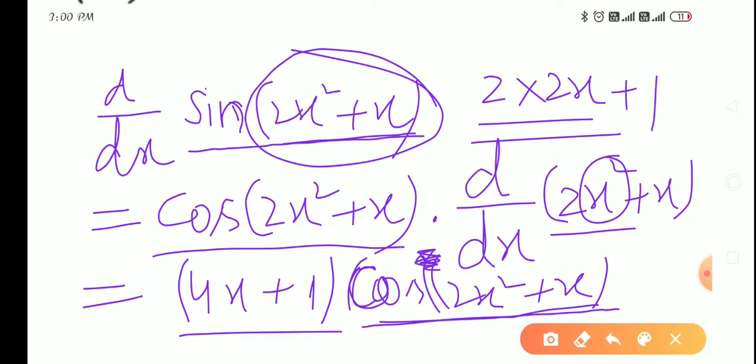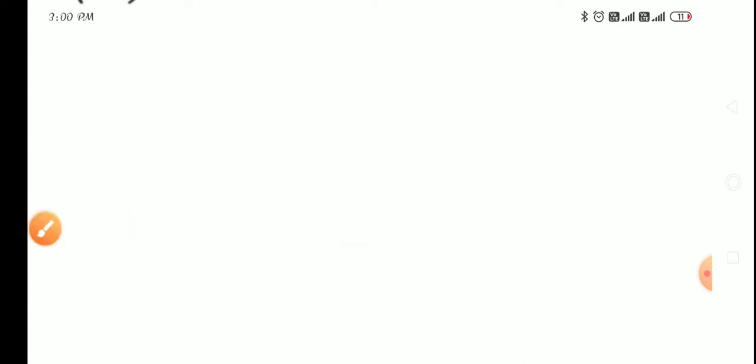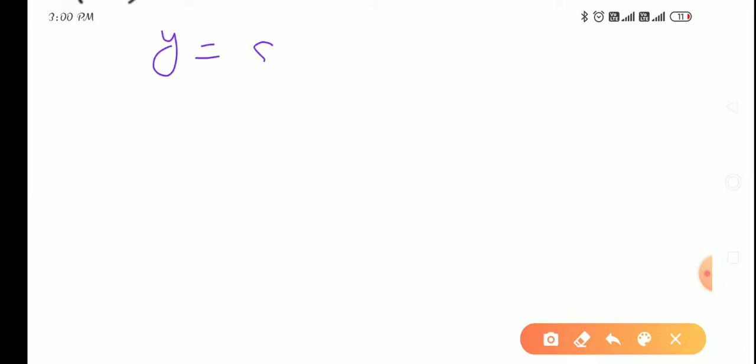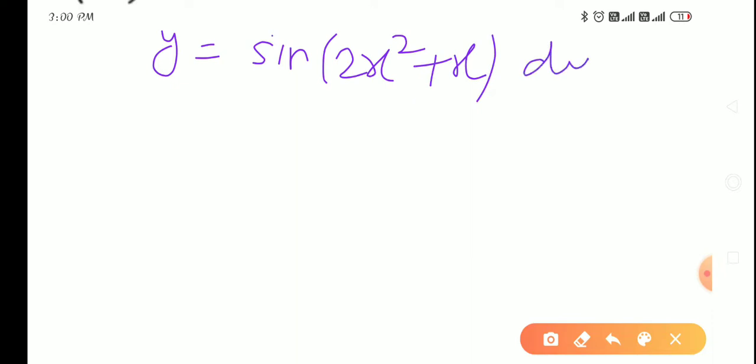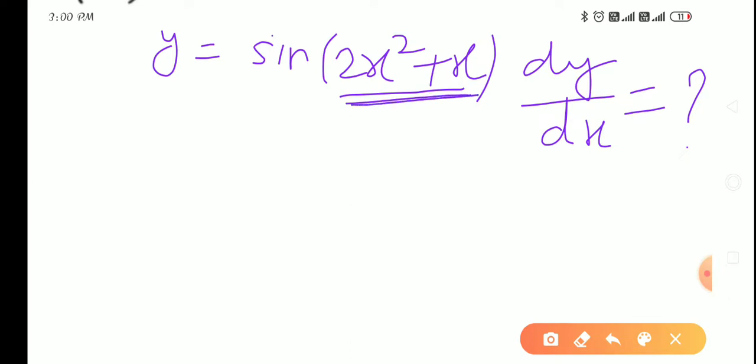One more method is there, that also I will explain. Suppose that you are having function y equals sine of 2x square plus x, same function I am taking so that you can understand well. You have to find dy upon dx. First of all you will suppose this inner function as u.